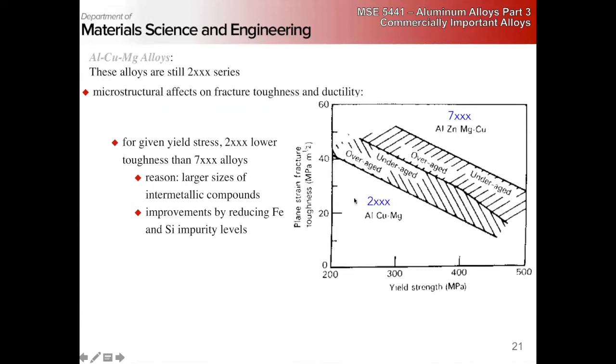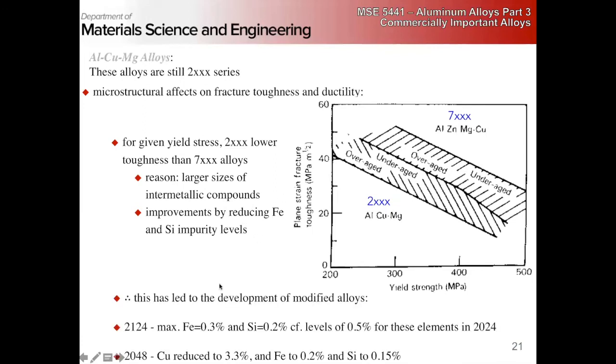Generally, for any given 2000 series alloy, they're going to have a much lower fracture toughness than the 7000 series alloys, primarily because of the size of the intermetallic compounds, right? So if we can reduce the iron and silicon impurity levels so that we don't form them, we can increase the fracture toughness in these, right?